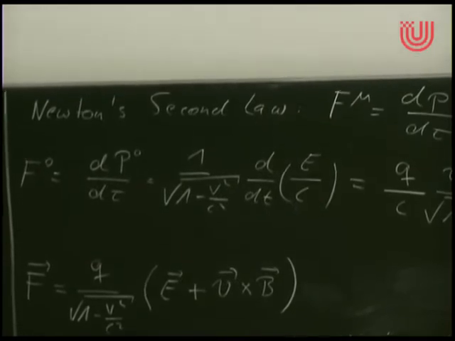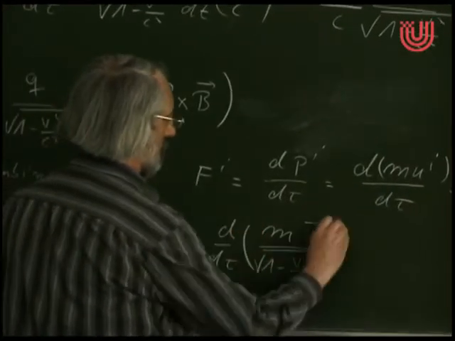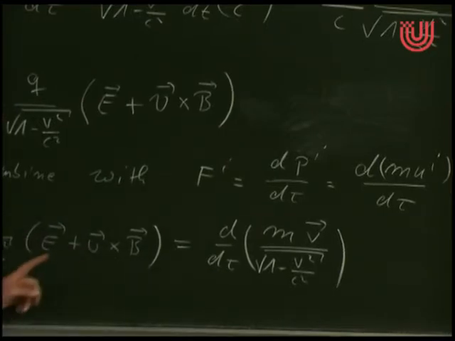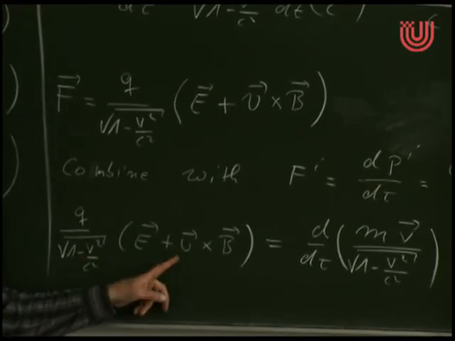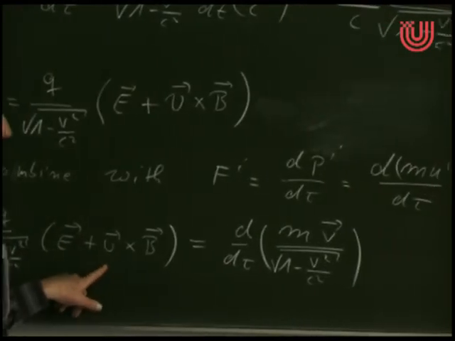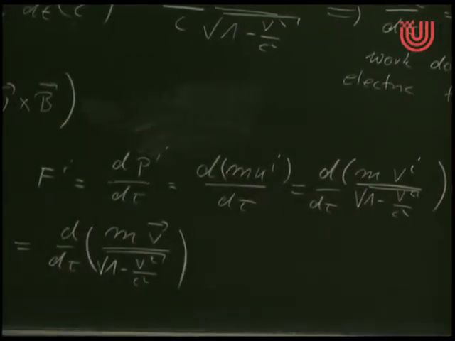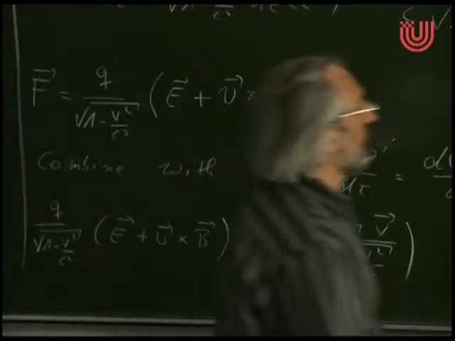What we have to do in order to check this more carefully is express the tau derivative by a t derivative. Remember, v is the derivative with respect to t. Yeah? v is the standard 3-velocity. That's why we distinguish the letters v and u. u involves the derivative with respect to tau, v with respect to t. So v is just the standard 3-velocity.